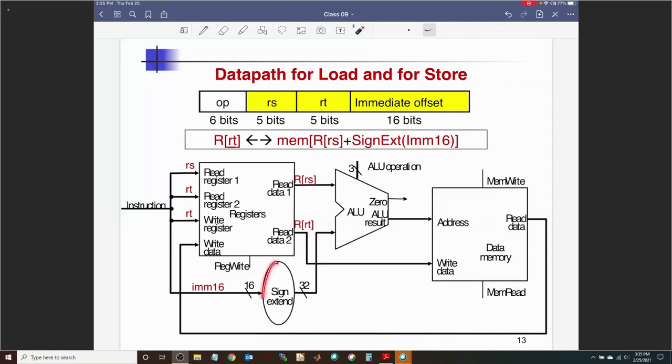We now have the 16-bit sign extender module, which takes in a 16-bit offset or immediate and sign extends it to a 32-bit value. Why did we need to worry about that? Because we started worrying about load and store instructions.